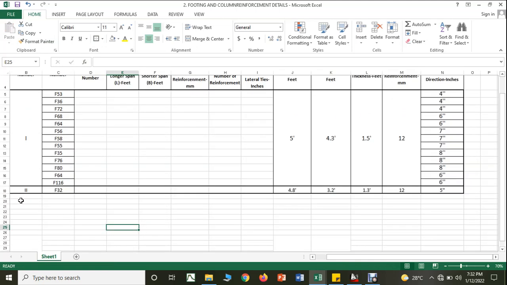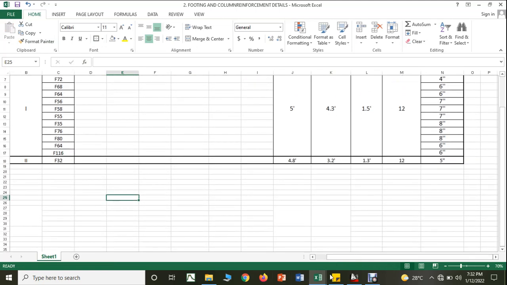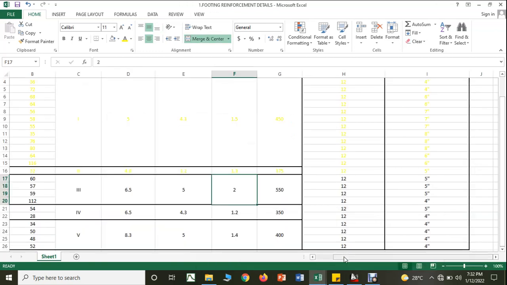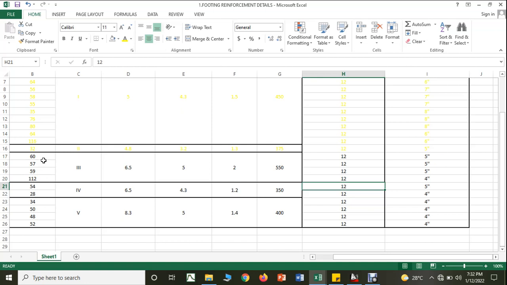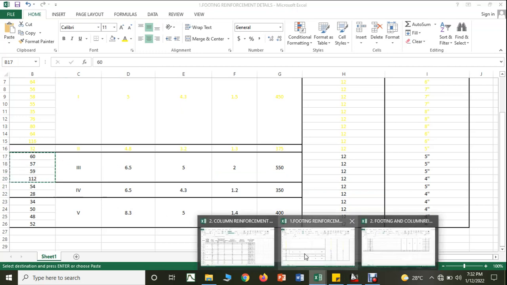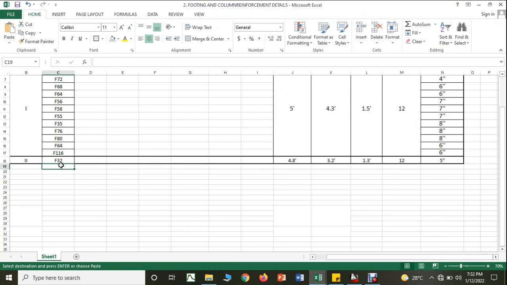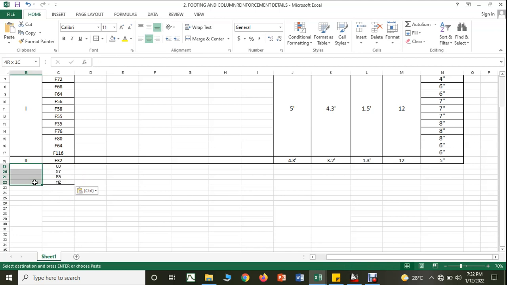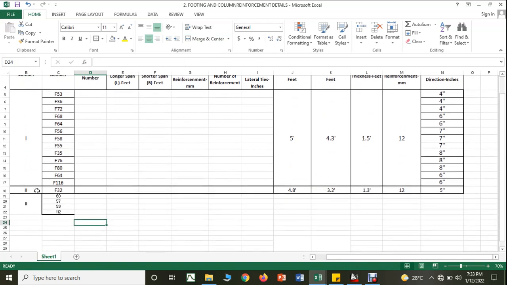This is the first set, this is the second set. So the next you can expect to have is the third set of 60, 57, 59, 112, 4 numbers. These are 4 numbers, column group, they are the corresponding footing group number.